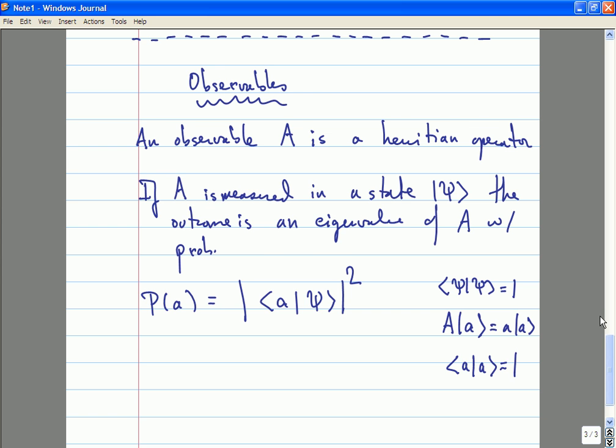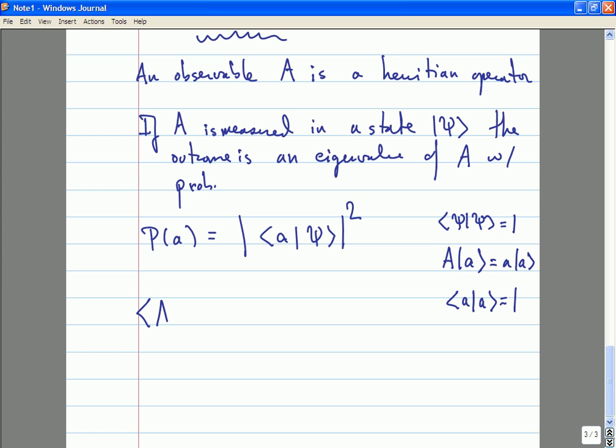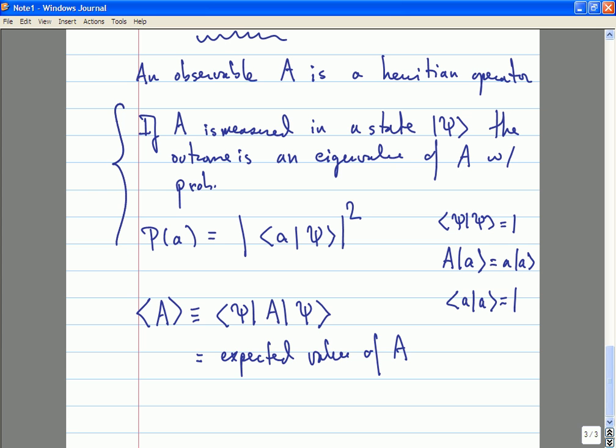So then you could ask, what is the expectation value of the observable A in this state? Well, that is just defined as the overlap of psi with A psi. And my claim is that this is the expected value of A given this postulate up above for the probability of observing the outcome of an experiment in quantum mechanics.